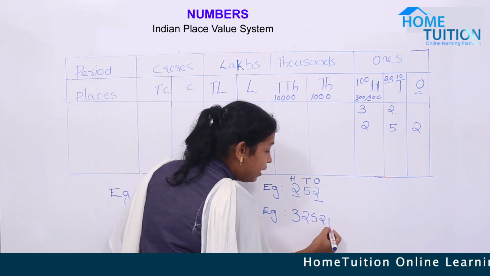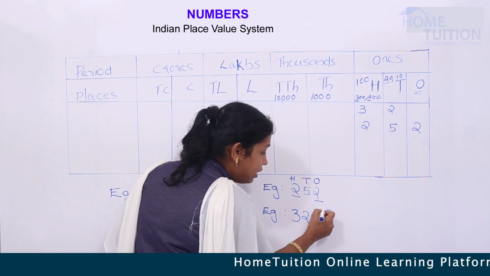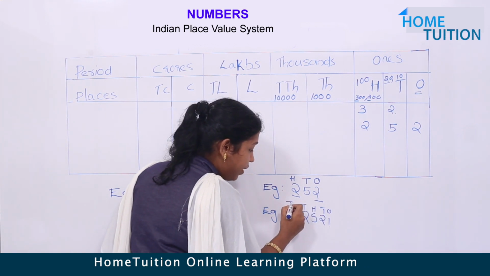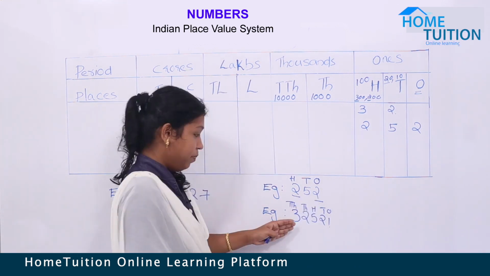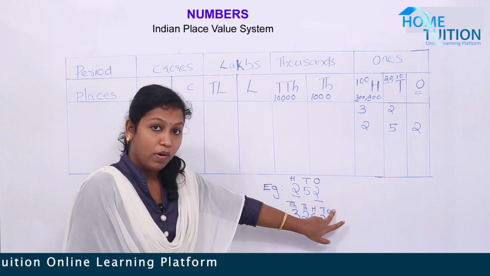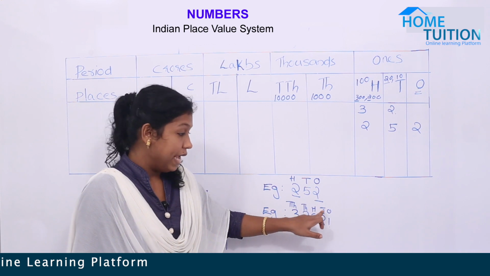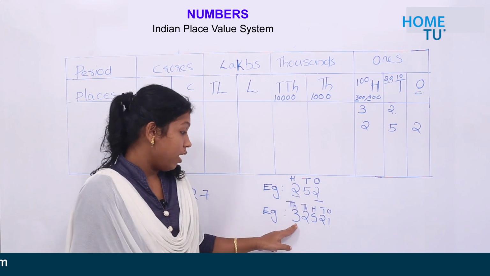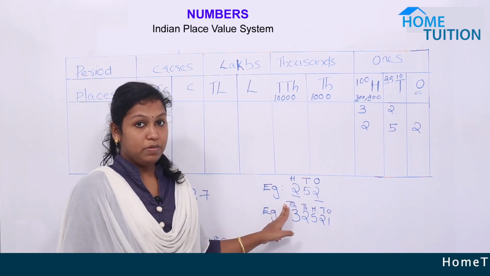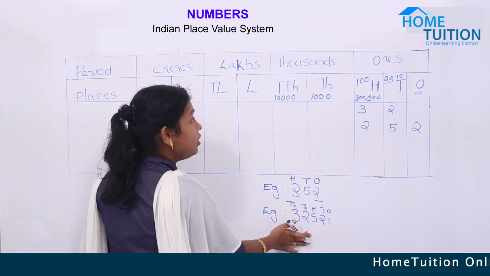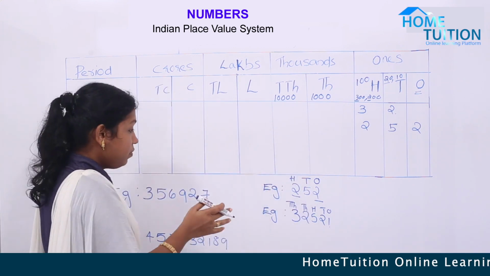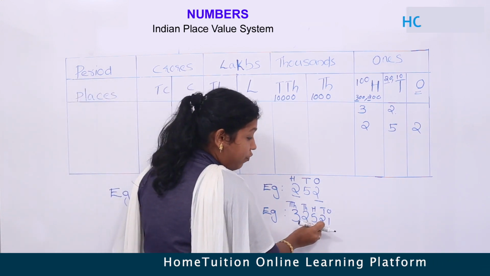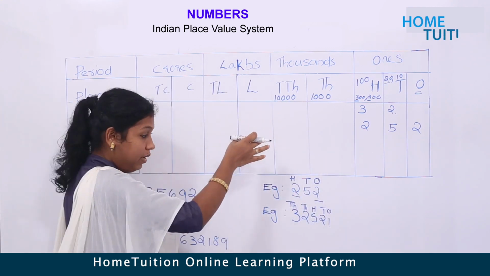The first number is in the ones place, then the tens place, hundreds place, thousands place, and ten thousands place. The first number is in ones, the second in tens, the third in hundreds, the fourth in thousands, and the fifth in ten thousands. So we write 32,521 in this table.